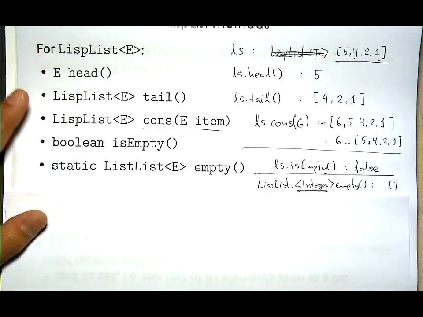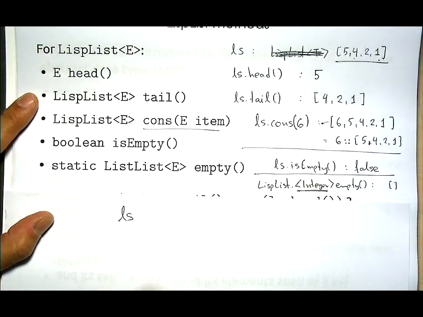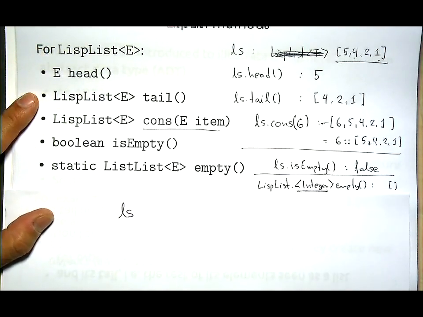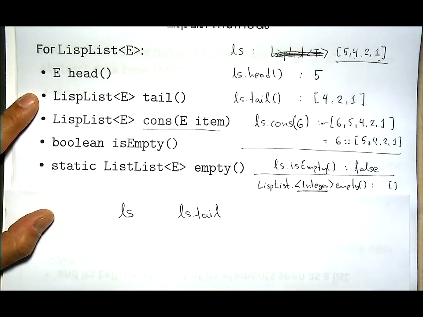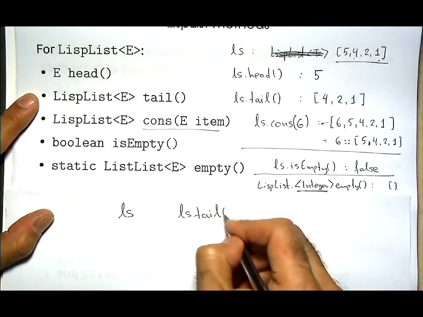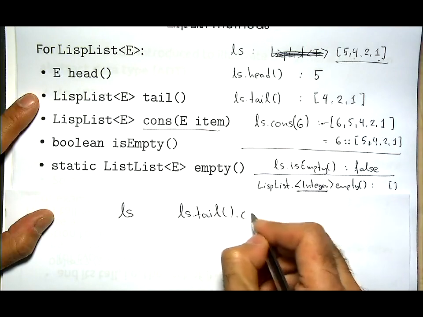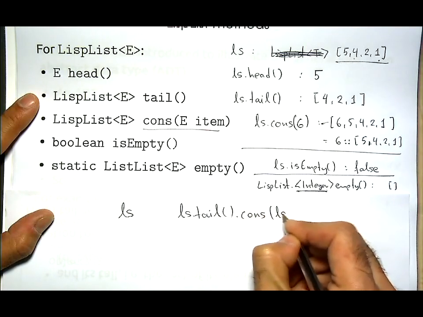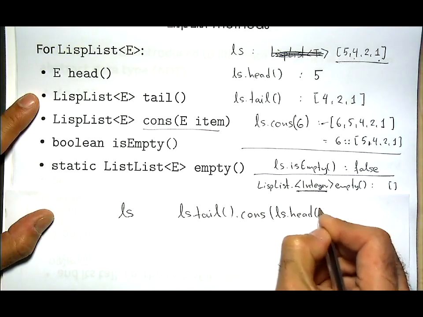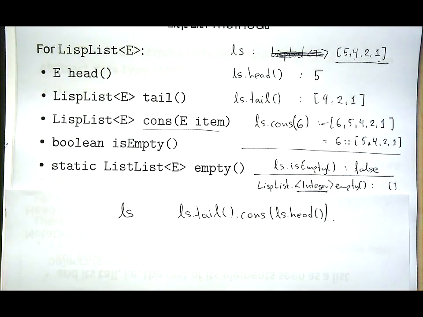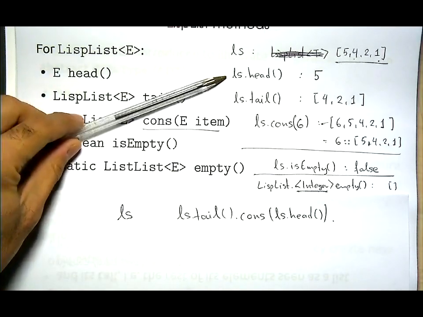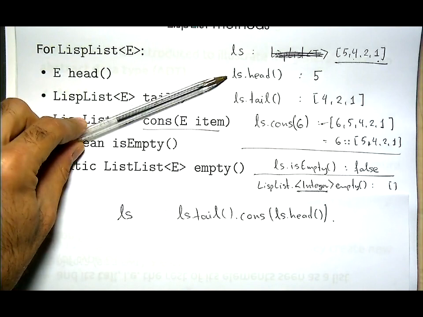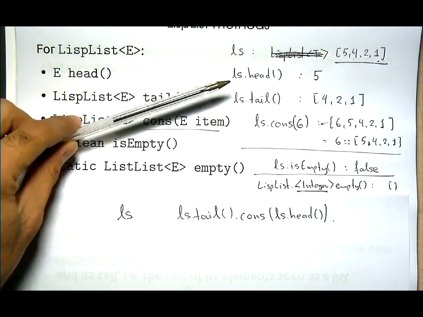So for example, if I have a list ls that is not empty, I can take its tail, and then I can put cons, and then get back the head. Now, all the operations we've seen here are constructive. So these will not actually change ls, we just return the head of ls.